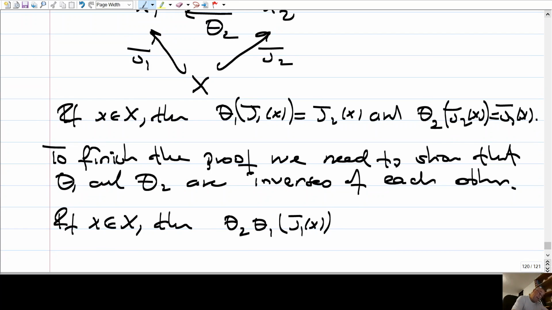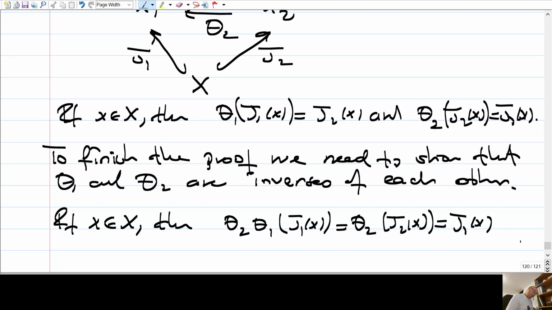So I start with an x here, I go here, and then I go with theta 1, and then go back with theta 2. But I know that on the elements of x, theta 1 is just j2, so this composition is just j2 of x, and this is just j1 of x.